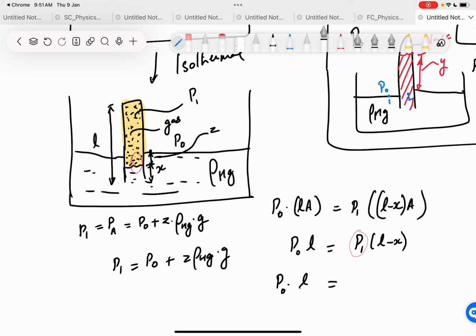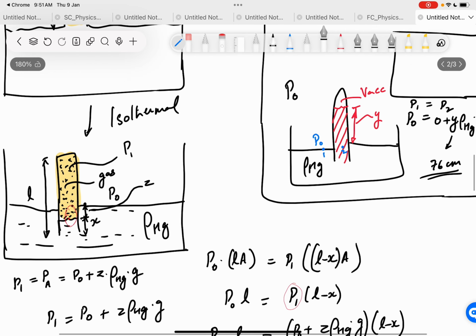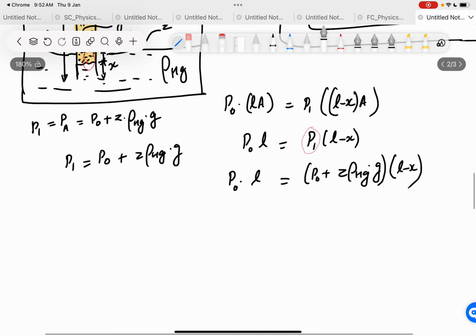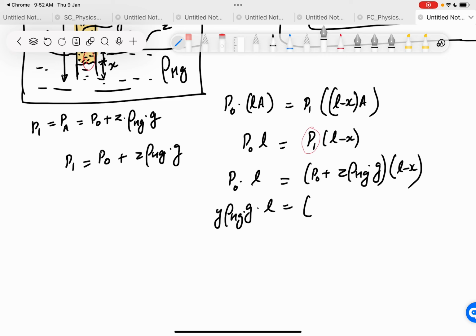P naught L, P1 is P naught plus Z density mercury into G into L minus X. But suppose you are given the barometric height as equal to Y, then you substitute P naught as Y density of the mercury into G. And now you write for P naught on this side also, it is Y, the barometric height, mercury density, into G value, plus Z mercury density into G, and we are done.